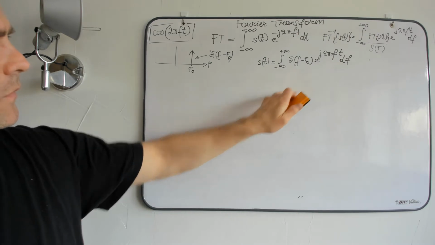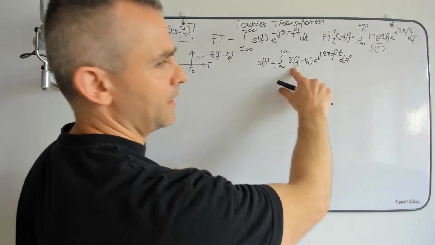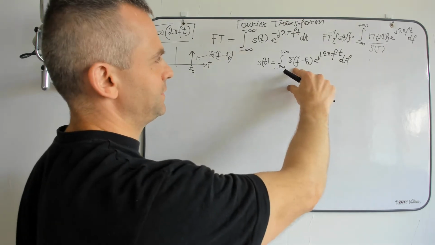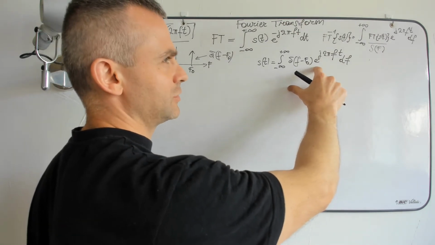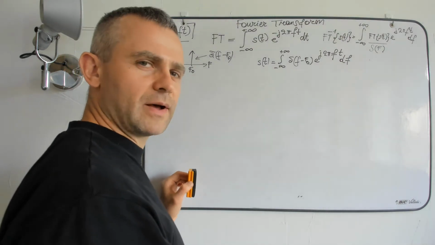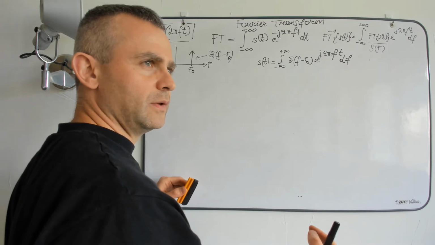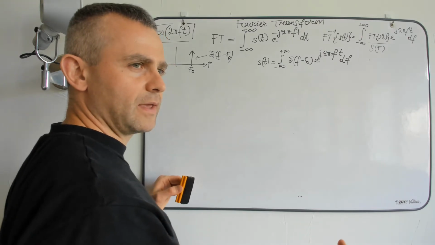Well, what's the property of multiplying a delta function with a function? It's that the function gets the value of the delay.